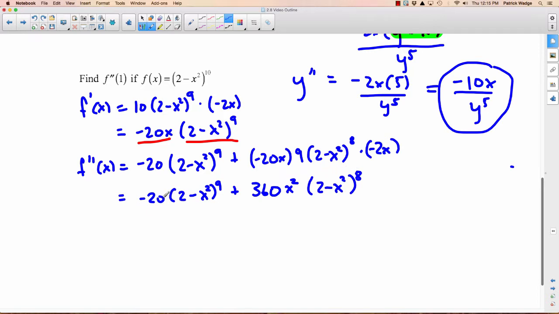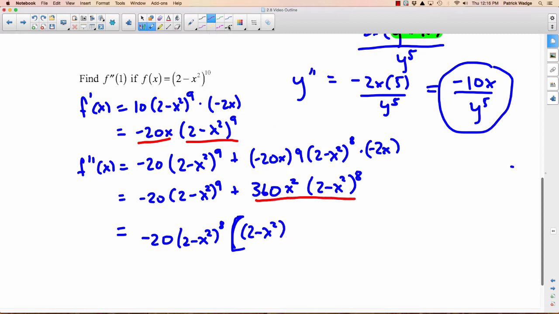You can simplify more if you want. If you want to see how you would do that, like if the question was just find f double prime of x, what I would do now is I would take out a negative 20, and I would also take out a 2 minus x squared to the 8th, right? And then what you'd be left with in the first part here is another 2 minus x squared. For the second piece, you would need to have what?